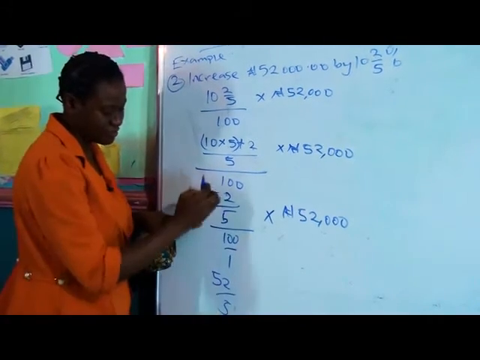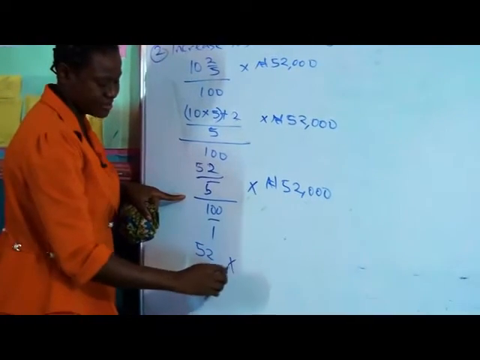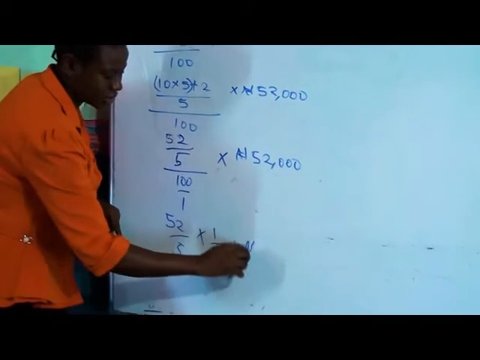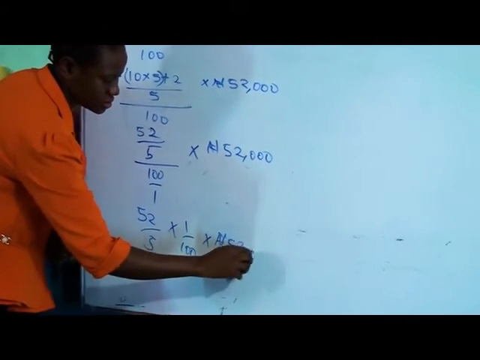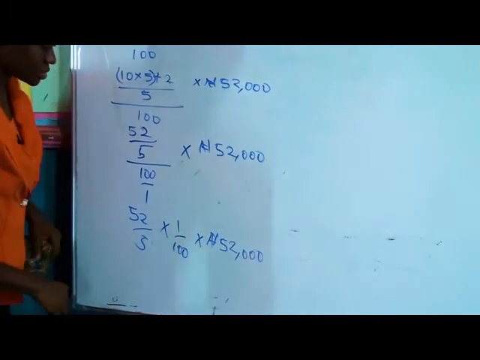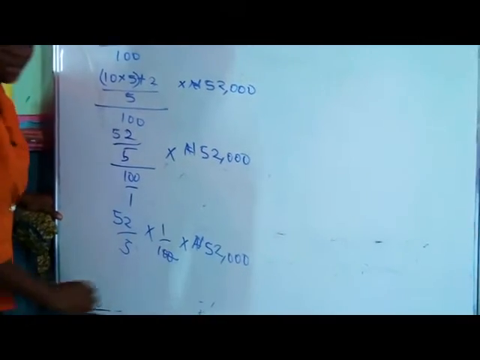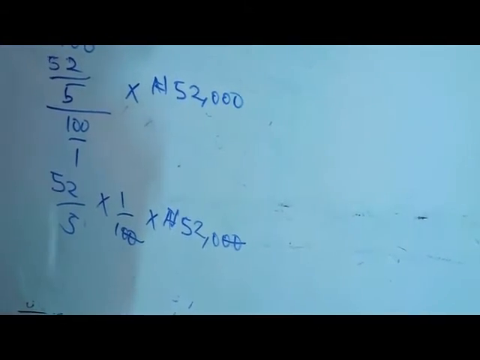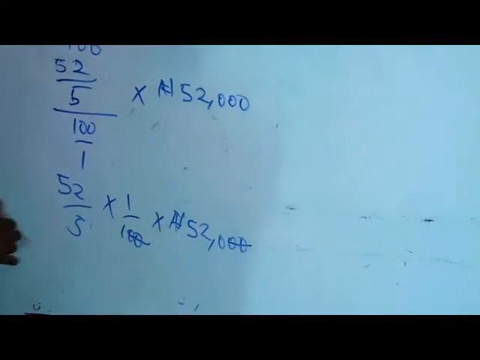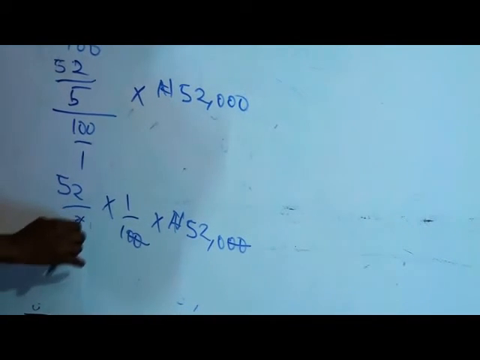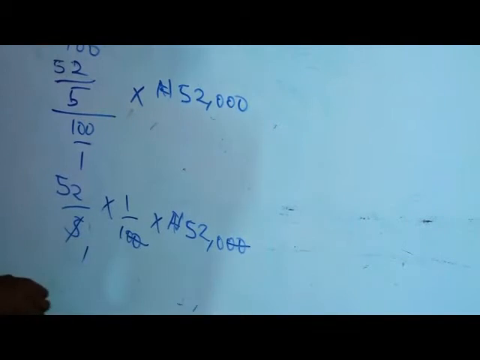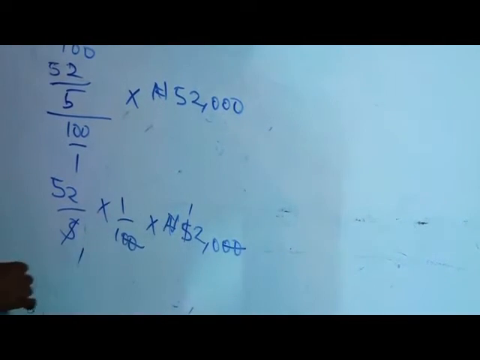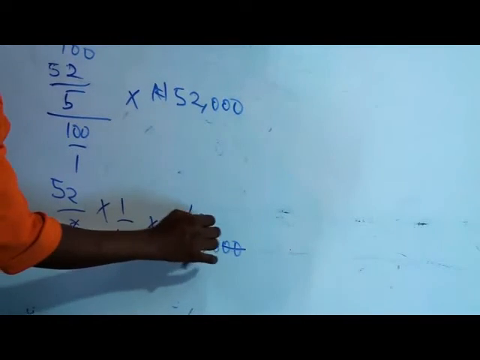So we have 52 all over 5 times 1 over 100 times 52,000 naira. So 2 crosses out 2 zeros here. Okay, so 5 could divide this. We have 5 dividing this 1 here, 1, and in 20 into 0 here 4.